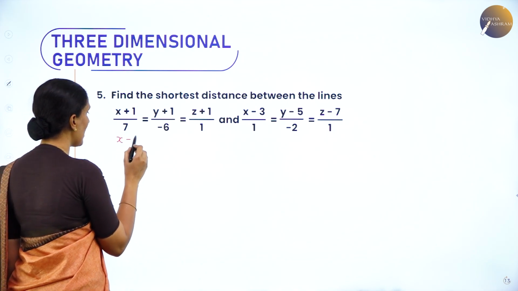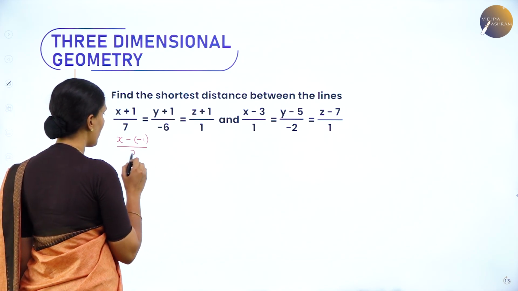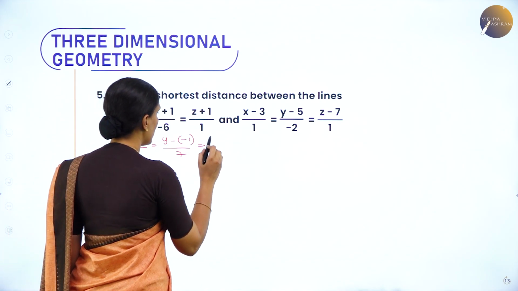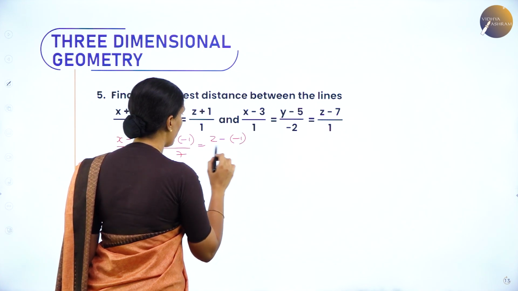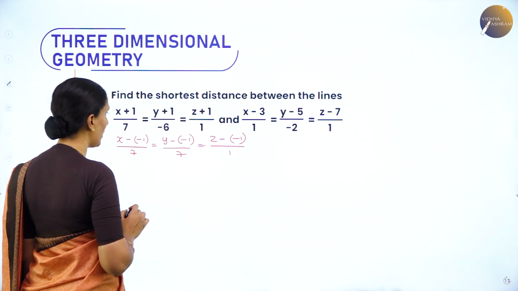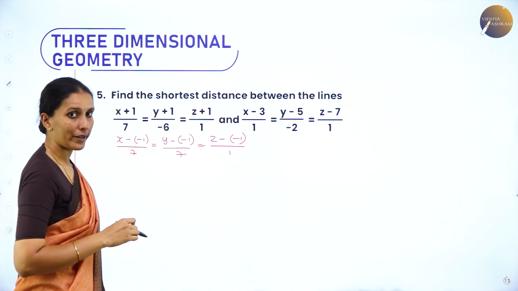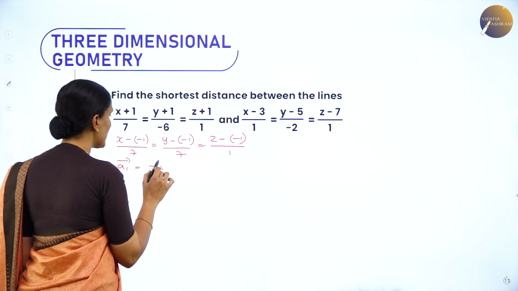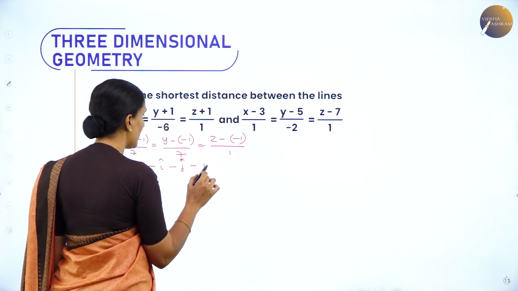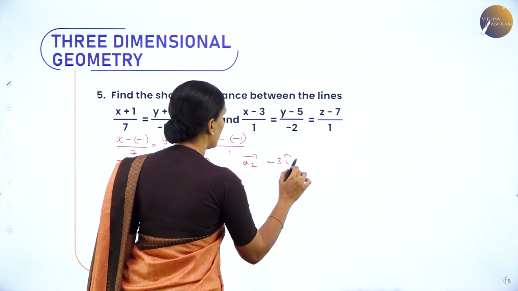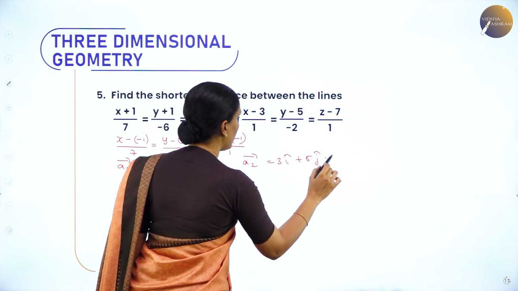Then I can write this as (x minus minus 1)/7, (y minus minus 1)/(−6), (z minus minus 1)/1. Now, we know that the points represent vector A and the denominators represent vector B. So vector A1 is minus i, minus j, minus k, and vector A2 is 3i plus 5j plus 7k.